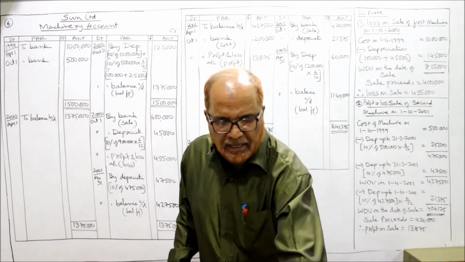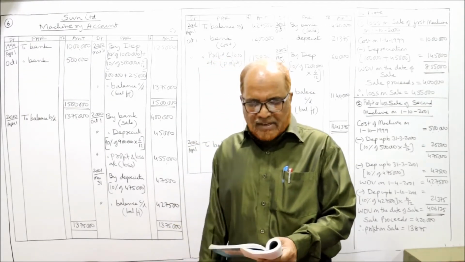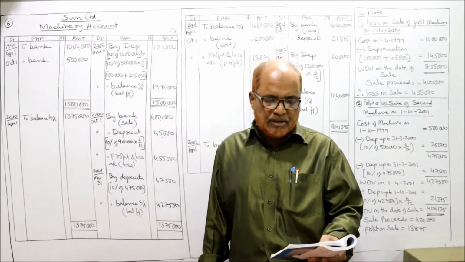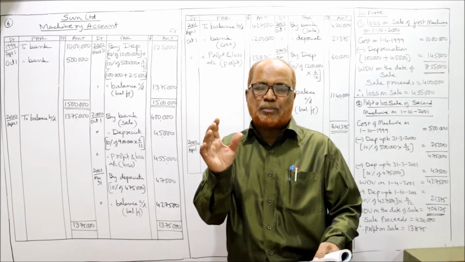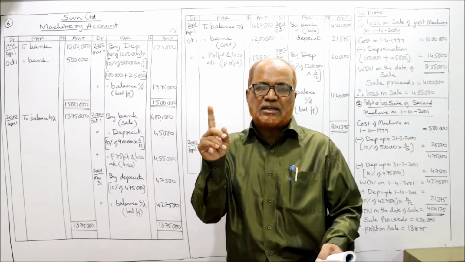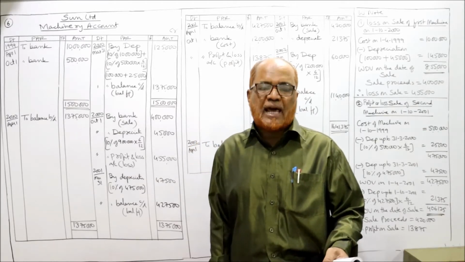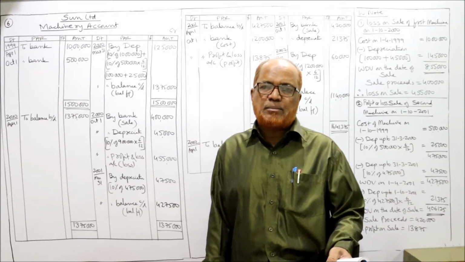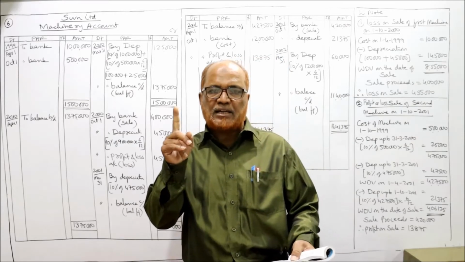So now I'm reading out the next problem, that is problem number 6. On 1st April 1999, Sun Limited purchased a plant for rupees 10 lakh. Remember, concentrate on the problem. The first machine was purchased on 1st April 1999.